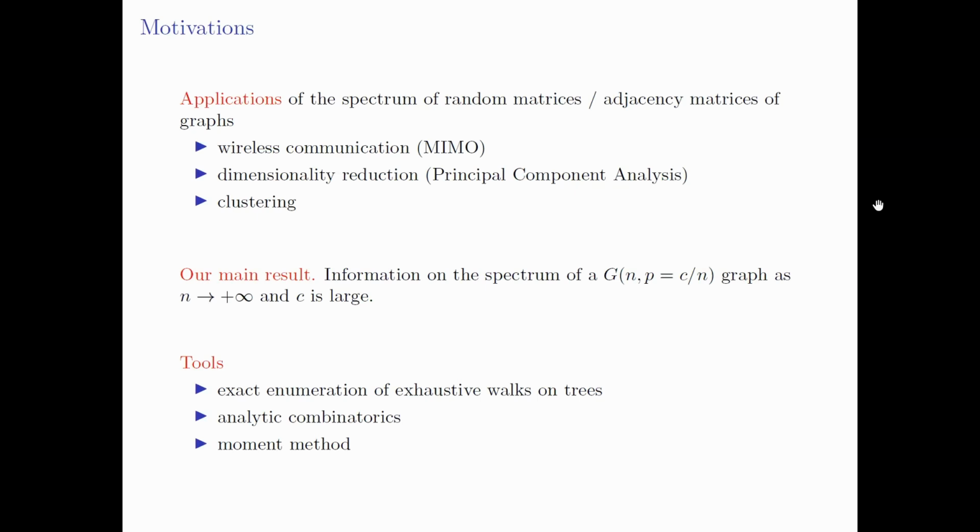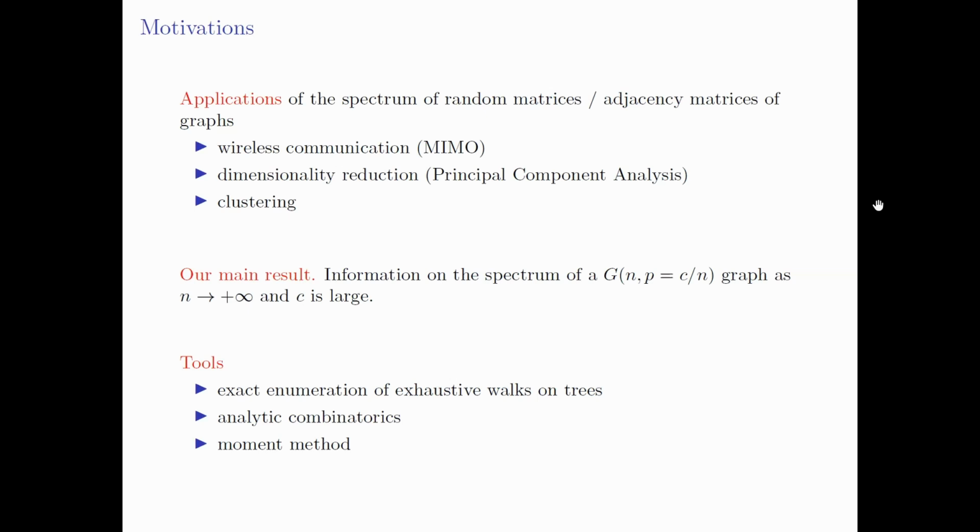We are going to look at large matrices and their spectrum, so their eigenvalues. And there are a bunch of applications for that, a lot of them. There's application in wireless communication, to compute the capacity of some channels when you have several antennas on both sides, receiving and transmitting.